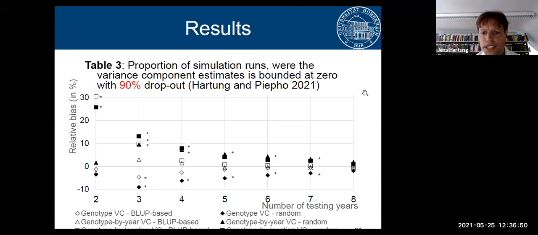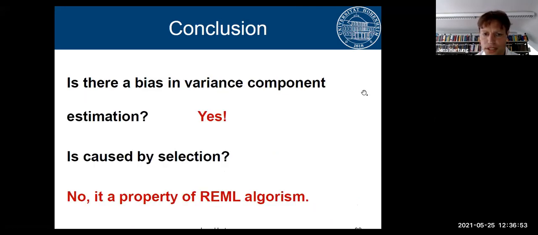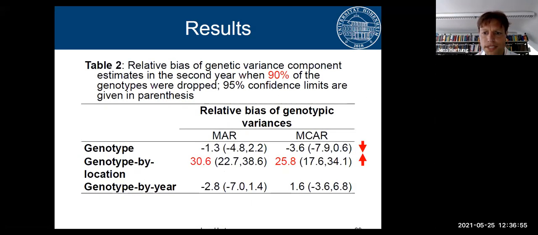I'm not sure whether I got the question, because here you can see the precision of the variance component estimates. And what we did is that we increased the genotype variance. So maybe I have to tell a little bit more about the data. It's a data set from Argentina. It's a randomized complete block design in each location.